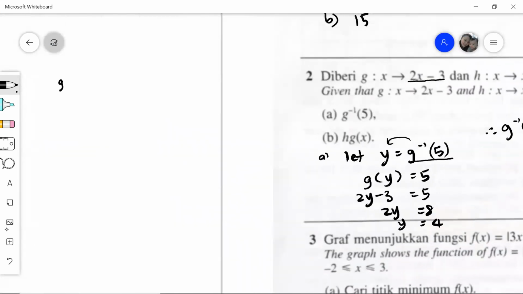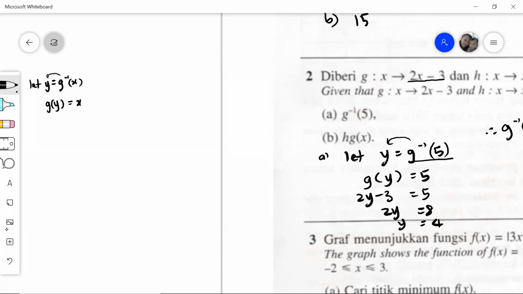g inverse is the thing that you want to find, right? So always let y be the g inverse, and then bring the g inverse over. It's the same process. Just that for that process, we substitute a specific value, but for this, we put a general value. So bring this one over, g(y) equals x. And what is the function g?